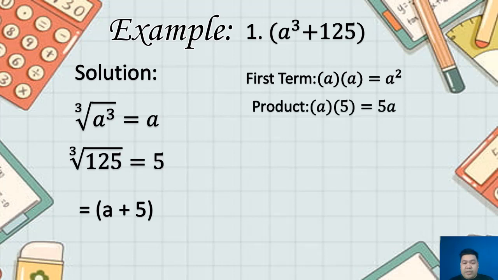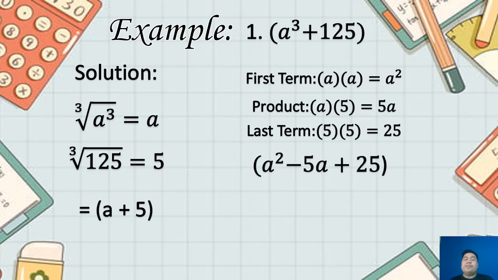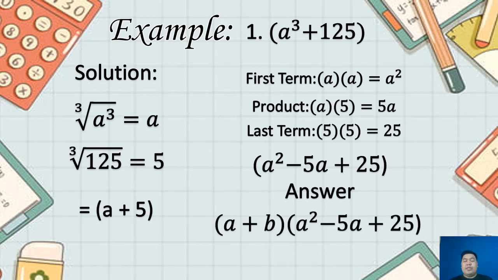For the last term, we square the last term, which gives 25. So our trinomial here is a squared minus 5a plus 25. For our final answer, just combine the binomial and trinomial: a plus 5 multiplied by a squared minus 5a plus 25.